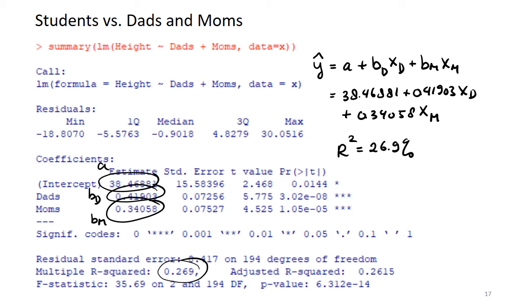So the linear regression for the parents' height does not explain much of the variability in the student's height.